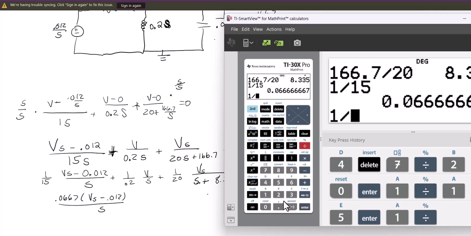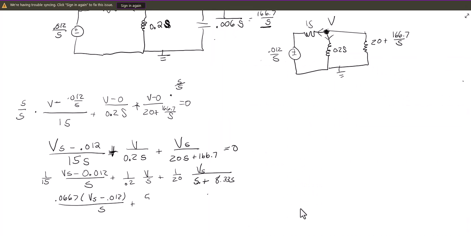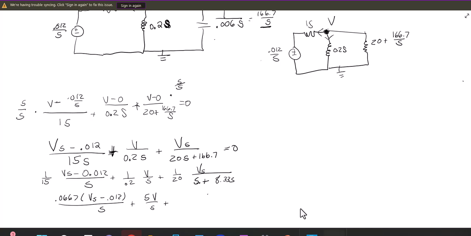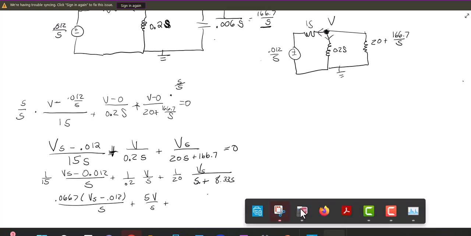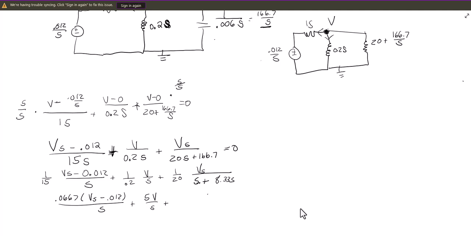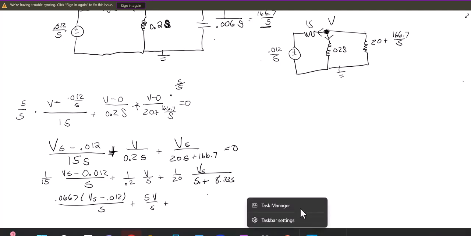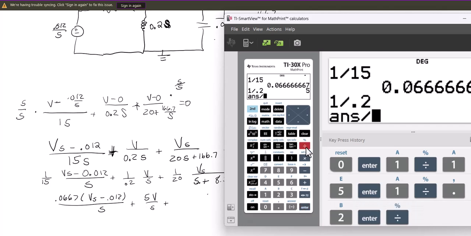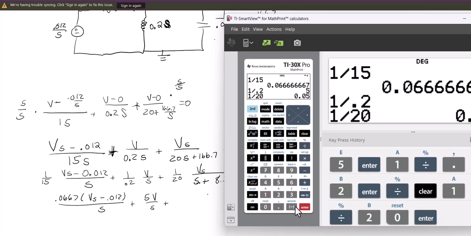And 1 divided by 0.2 is 5, so plus 5v over s plus 1 divided by 20 should be 0.05.